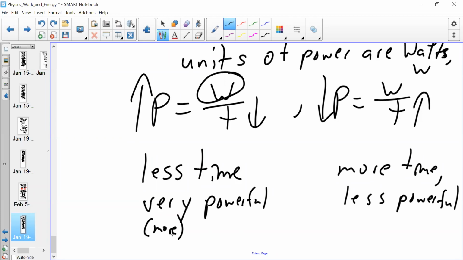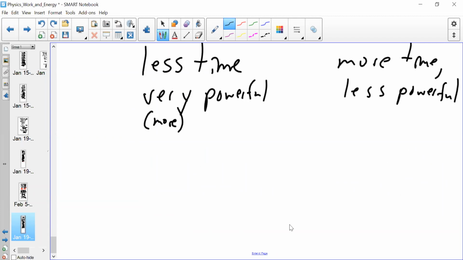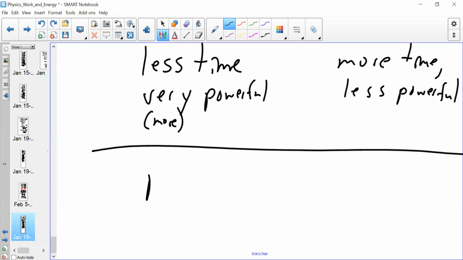Okay, so now what I want to do is just finish things off here with another expression for power. So we have seen power is work divided by time, which is the same thing as change in energy divided by time.